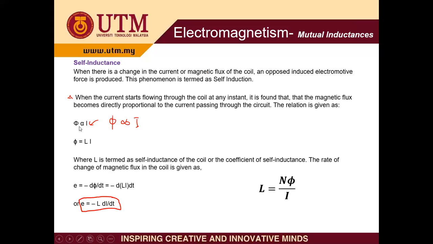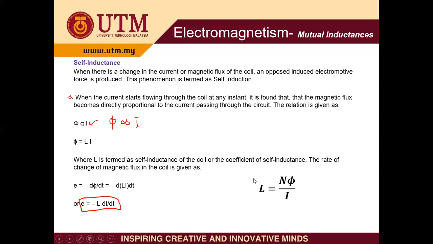And we know that the flux is equal to the inductance, which is a constant here, L, multiplied by I. And L is termed the self-inductance of the coil.